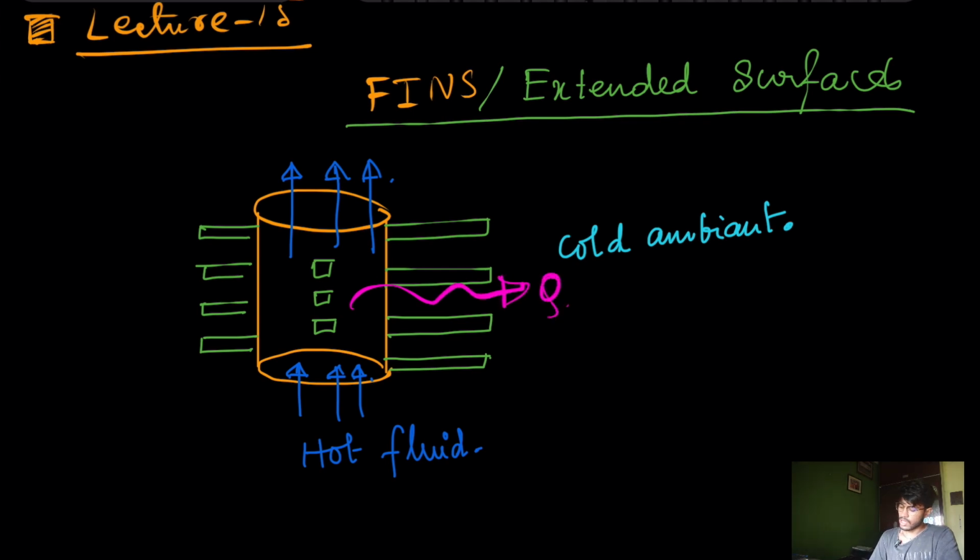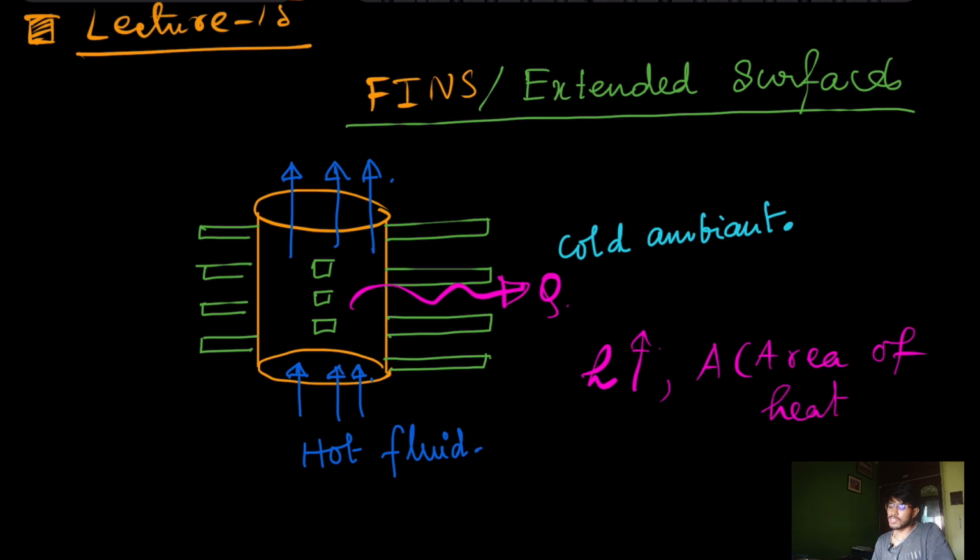Now if you are supposed to increase the heat transfer, what will you do? You have to either increase the h, that is the heat transfer coefficient, or increase the area of heat transfer.